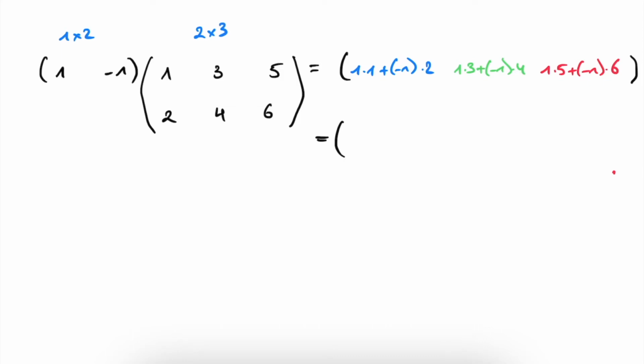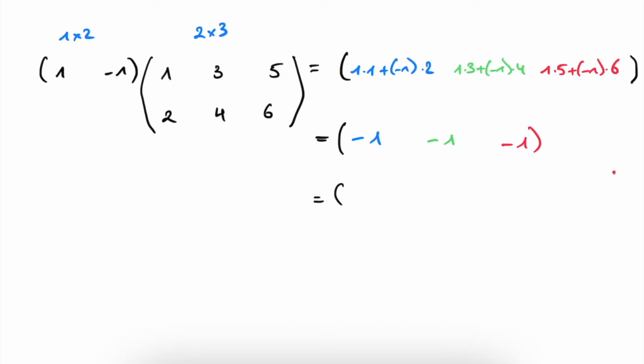Now we only have to make these little sums. For this first element, we get 1 minus 2, which is simply minus 1. For the next element, we get 3 minus 4, which is minus 1 again. And for the last element, we get 5 minus 6, which is again minus 1.